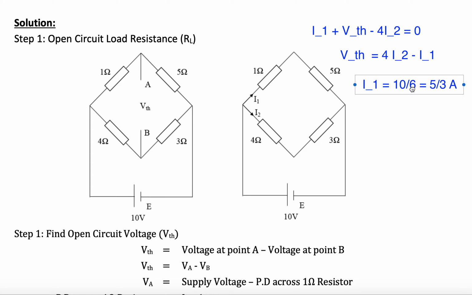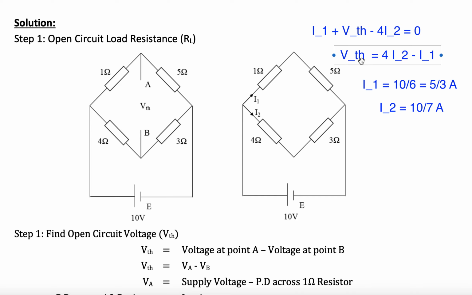What about I2? I2 is nothing but 10 by 7, I guess. Yes, 3 plus 4 is 7. 10 by 7 is 10 by 7 only. It won't change.